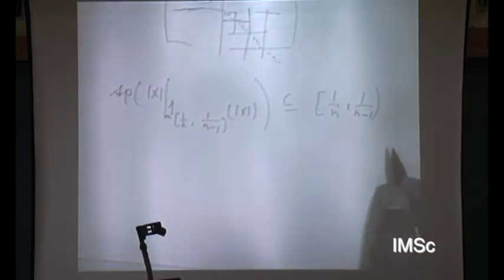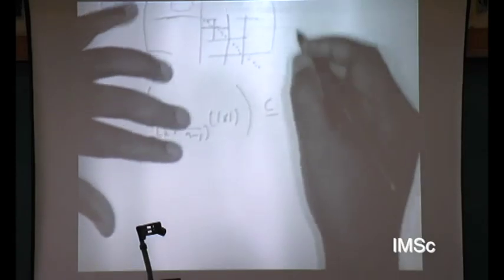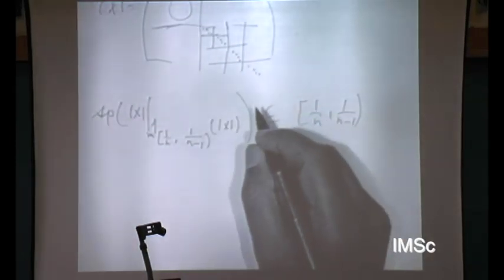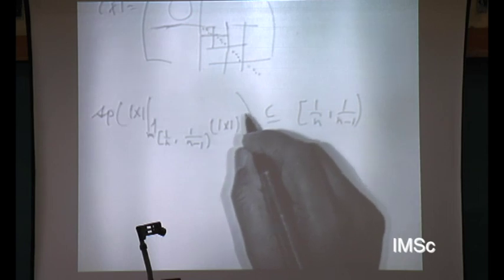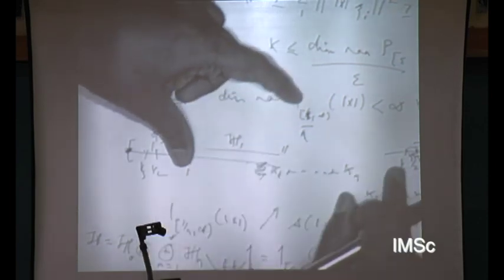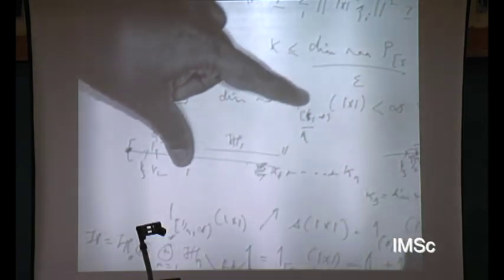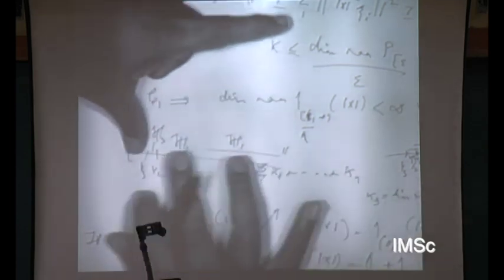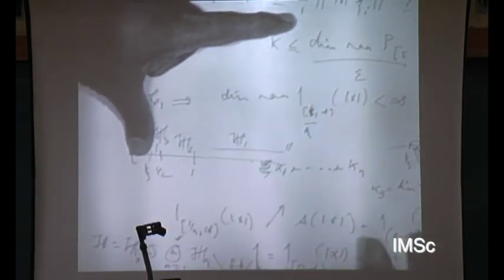So what this says is that if you look at this picture I draw, from 1 to infinity, above 1 there are only finitely many eigenvalues. In fact, above any epsilon there are only finitely many eigenvalues.